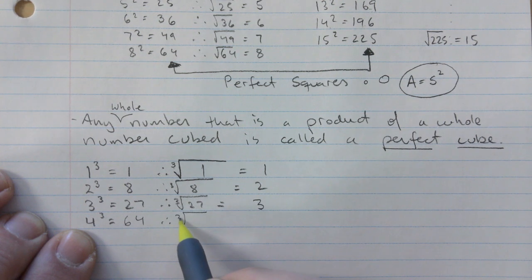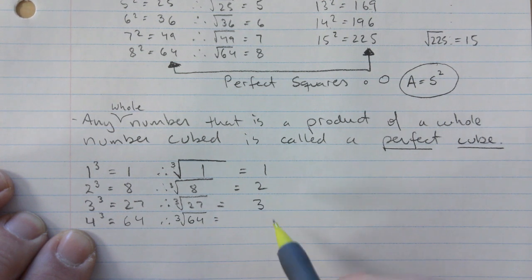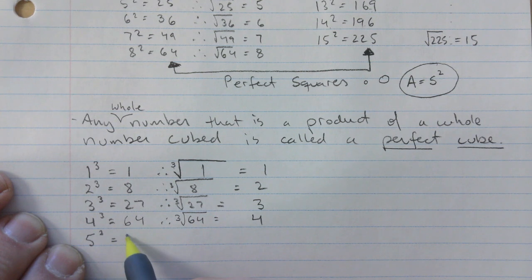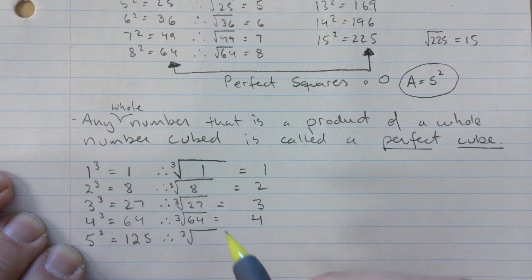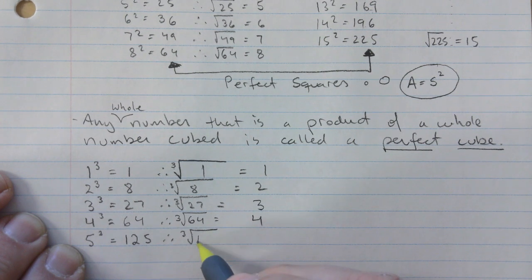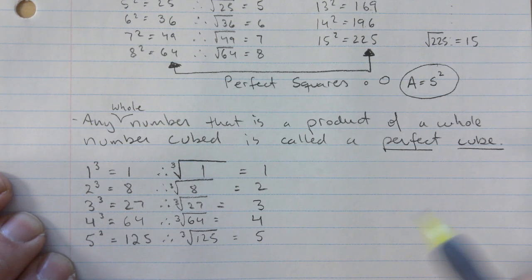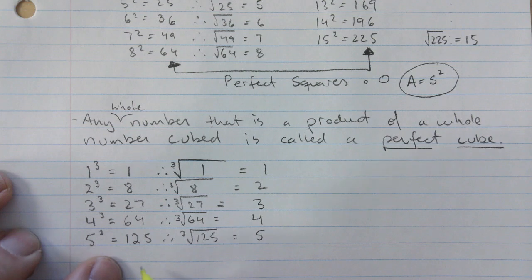Therefore, the cube root of 64 is 4. 5 cubed is 5 times 5, which is 25, times another 5 is 125. Therefore, cube root of 125 would be 5. Okay, and I'm going to leave it at that.